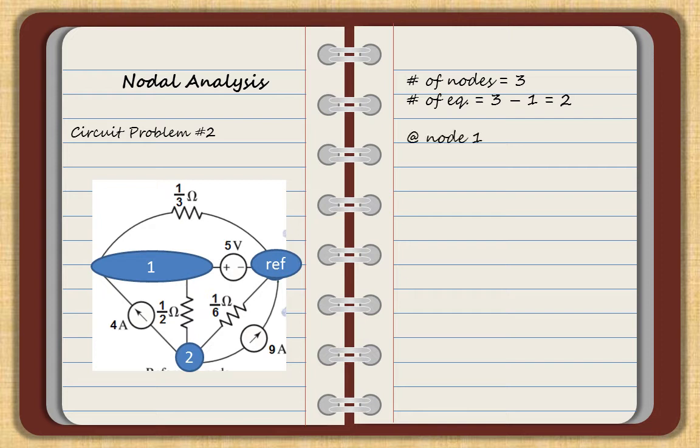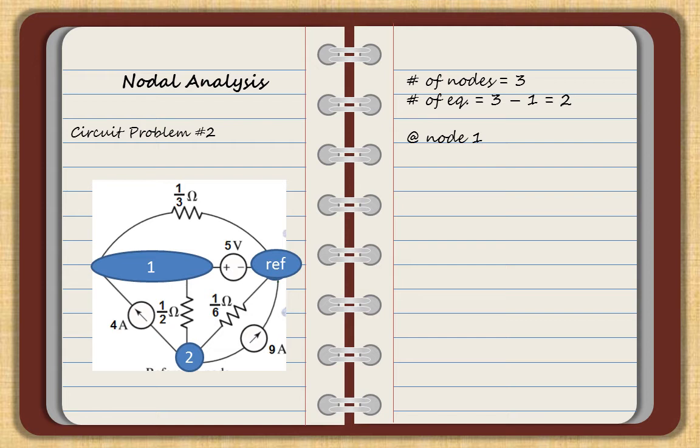Now at node 1, we start to analyze using KCL, but as the rule says, if the reference node is located at the negative side of the voltage source, then the positive side of the voltage source is equal to the voltage source itself.